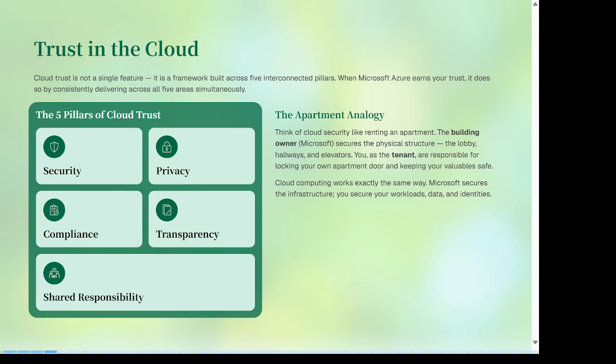You, like the customer, are responsible for protecting your virtual machines, applications, databases, identities, passwords, permissions, and the data stored in your Azure environment. So, cloud security is a partnership. Microsoft provides a secure foundation and you build on top of it by following security best practices.